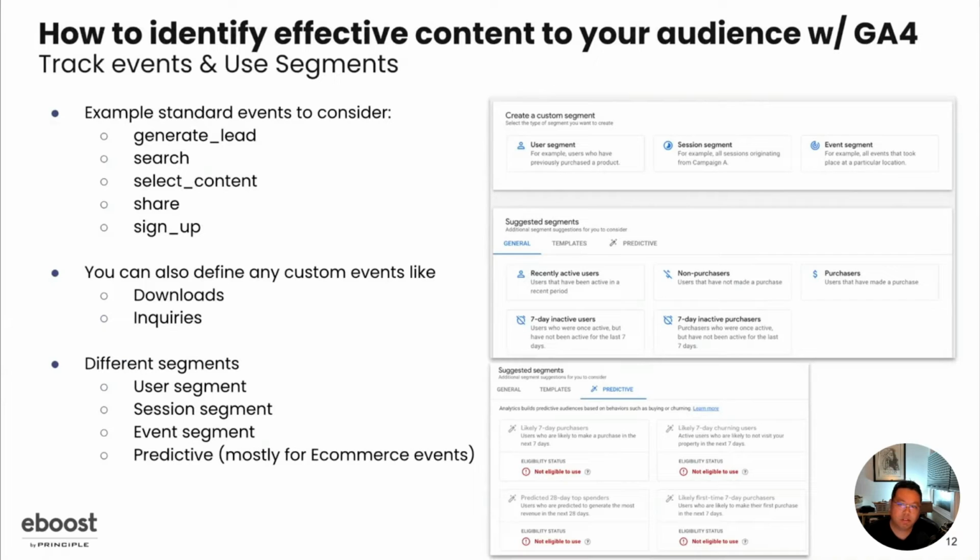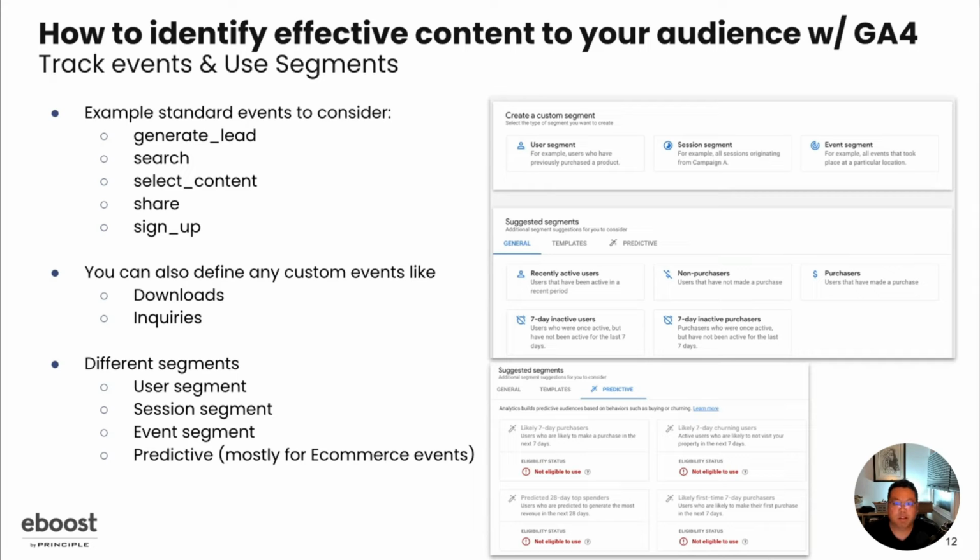And stepping further into how to identify effective content for your audience using Google Analytics 4. Of course, I mentioned again, but tracking events and creating user segments are very important concepts in GA4. It might have been so with Universal Analytics, but GA4 tracking has really shifted away from page views to event-based reporting.